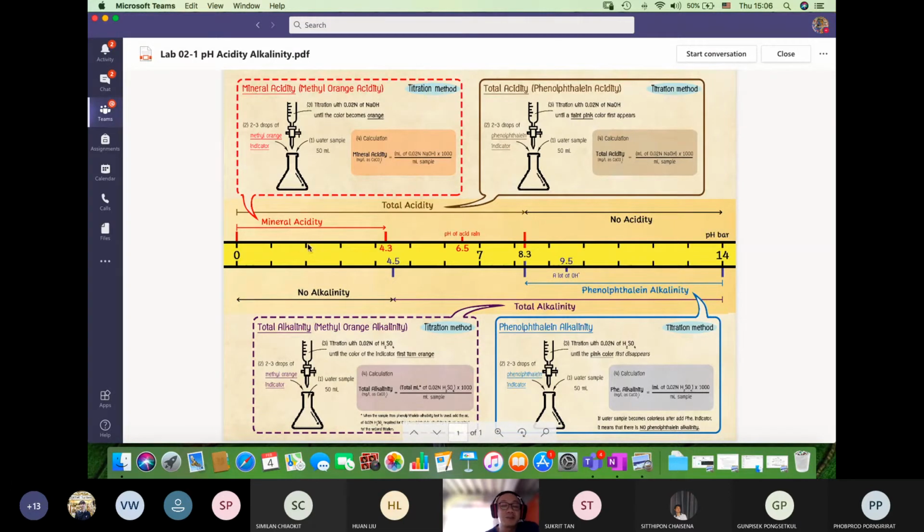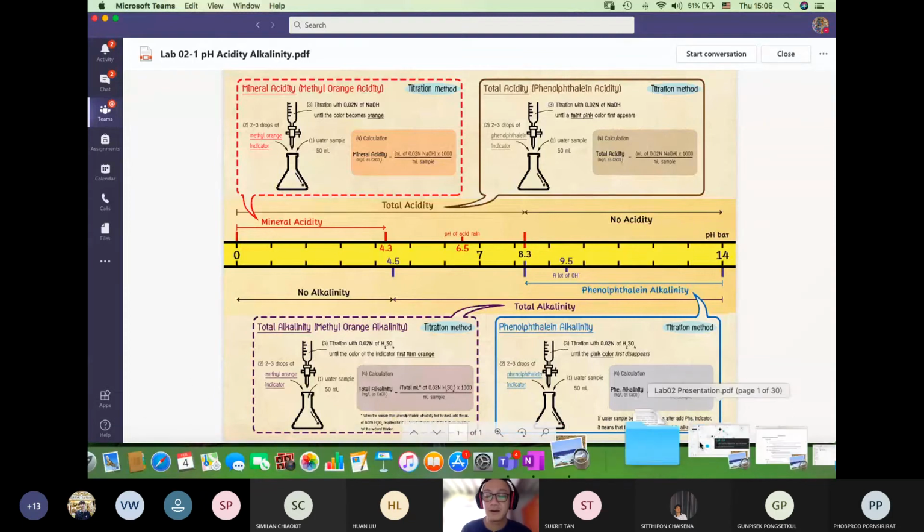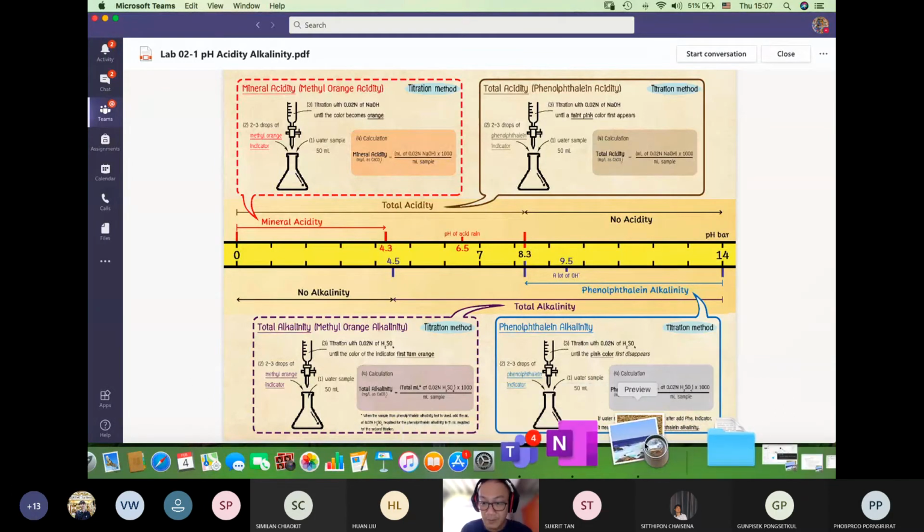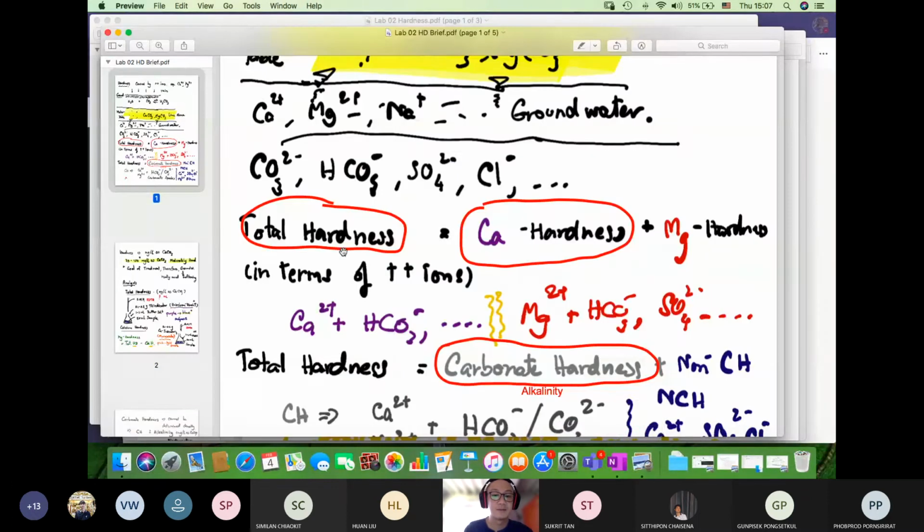But if your pH is just 2, what you can find is only mineral acidity and total acidity. Okay, mineral and total. So these are the procedures for how we measure alkalinity and acidity. And the last one is the measurement of hardness.